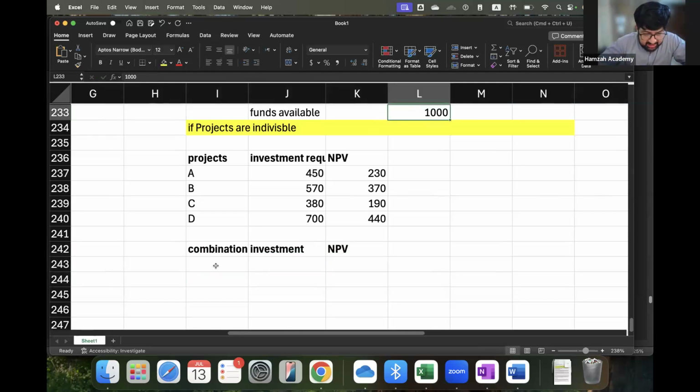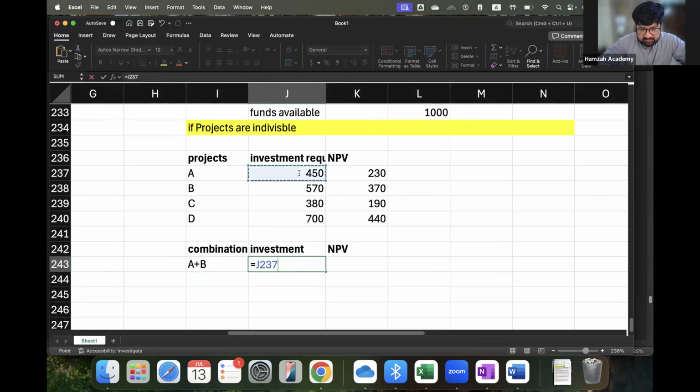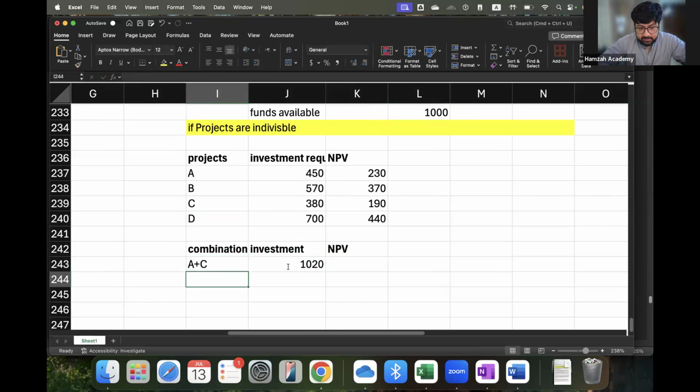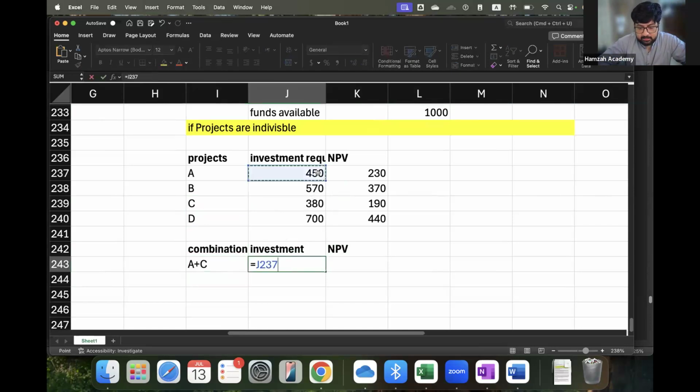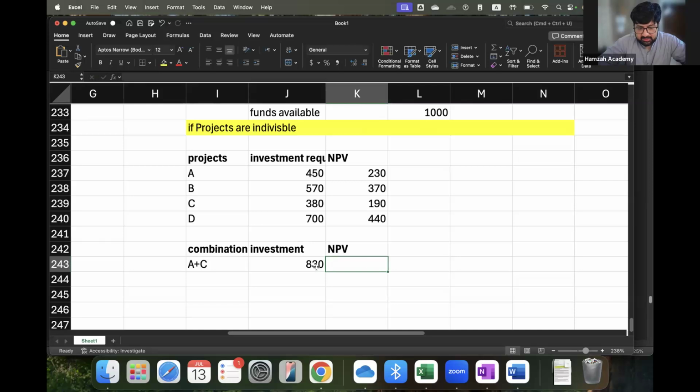So combination A plus B. Investment required here doesn't make sense. We cannot make it. It is crossing the limit. A plus C. Yes. So A plus C, NPV is also added.